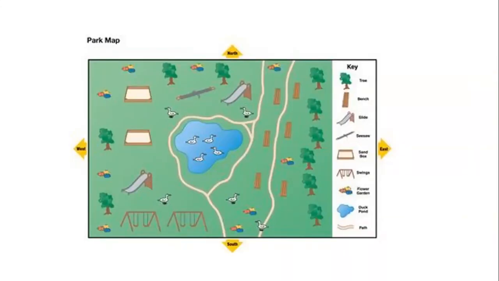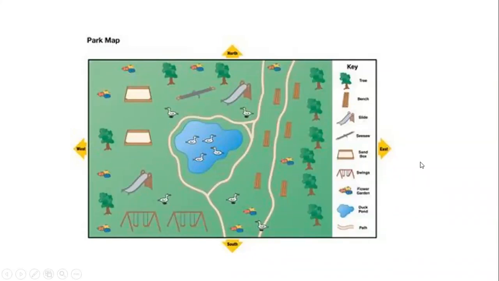Okay, yesterday I explained about a park map. So you can see the 4 directions here: north, south, east and west, and all these things that this map is showing, you can make a key. Like all these trees, you will show just one tree, and after that you can make a key.